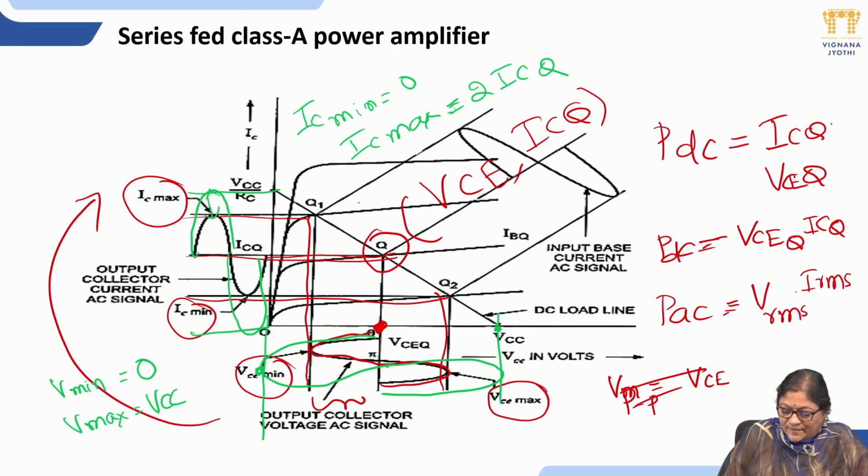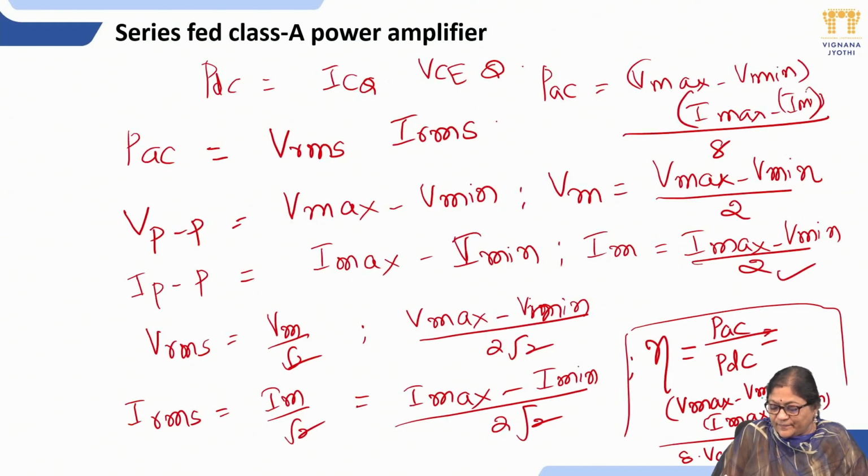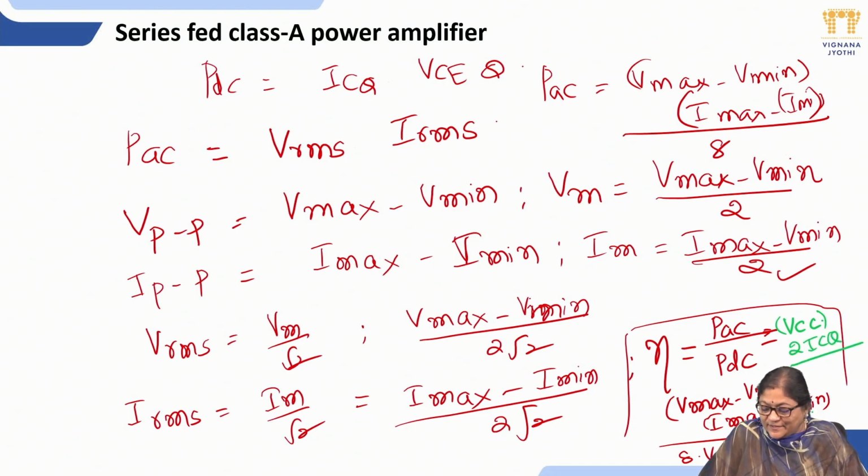Now I am substituting in the formula which we have. So here I am directly substituting. V maximum is VCC, V minimum is 0, minus 0, and I maximum is 2 ICQ and I minimum is 0, divided by 8 ICQ into VCEQ.